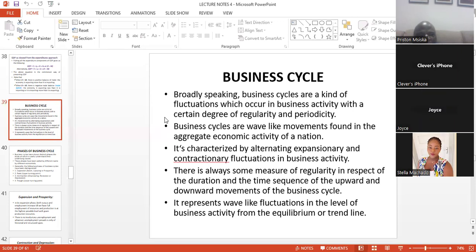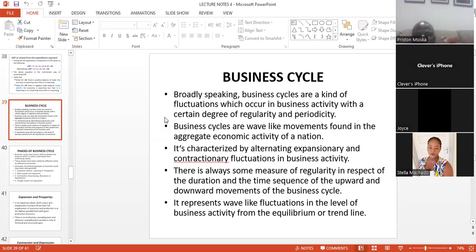And the same thing happens when a lot of businesses are not doing well. So there are issues of expansion and contraction alternating all the time. And in most cases, you can predict there is some kind of pattern.